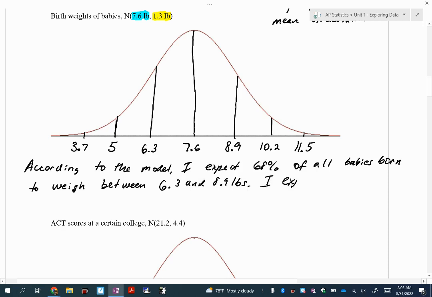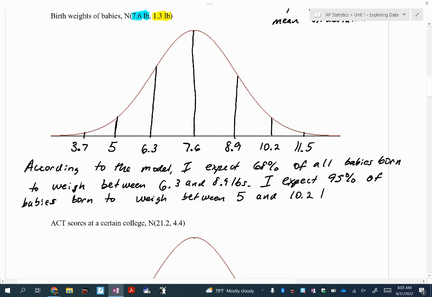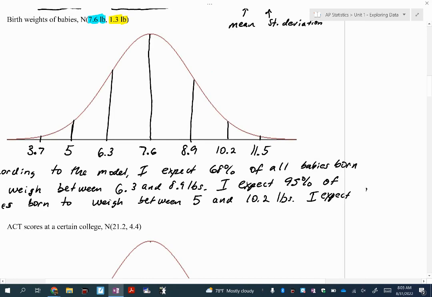I expect 95% of babies born to weigh between 5 and 10.2 pounds. And then finally, I expect 99.7%.